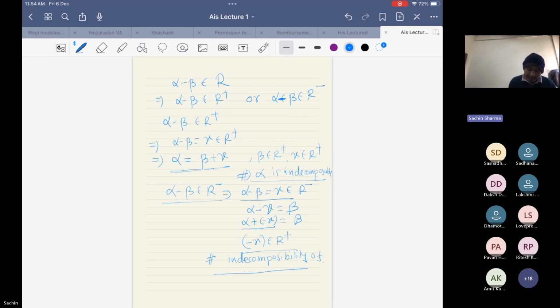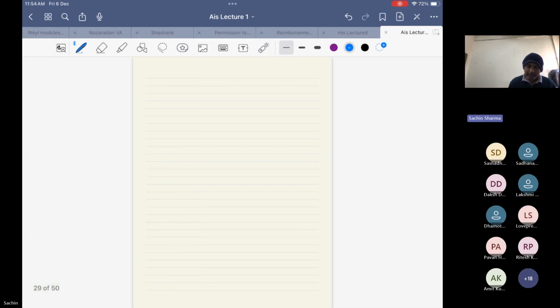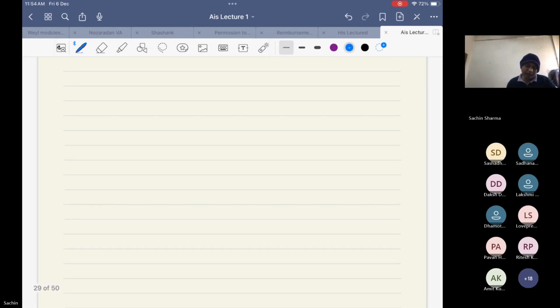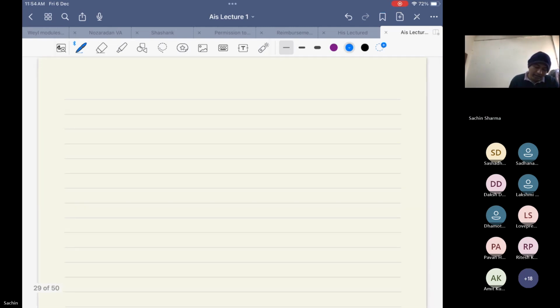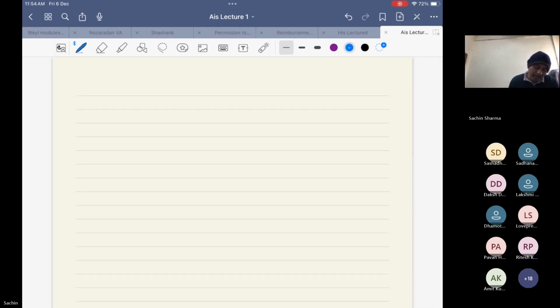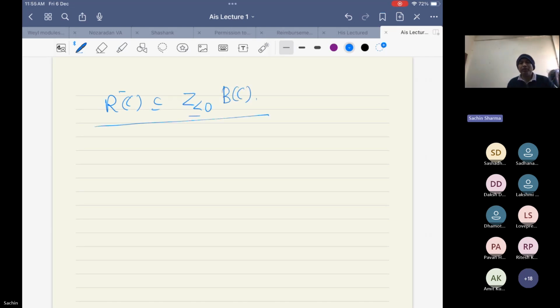I leave it as an exercise to try to prove that R plus of C is contained in this thing, and R minus of C. Okay, good.